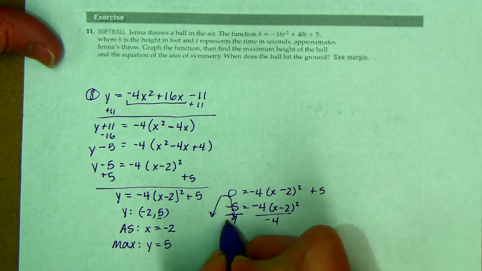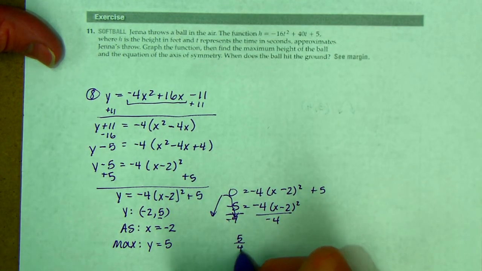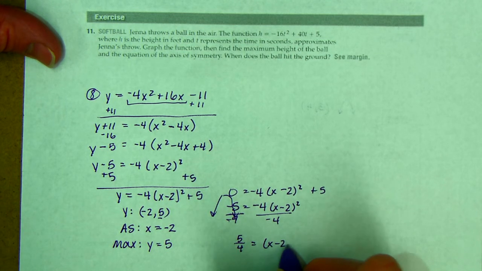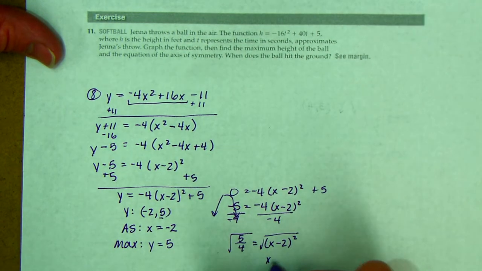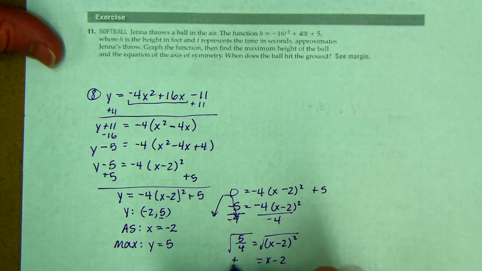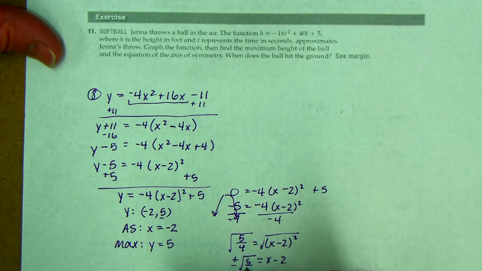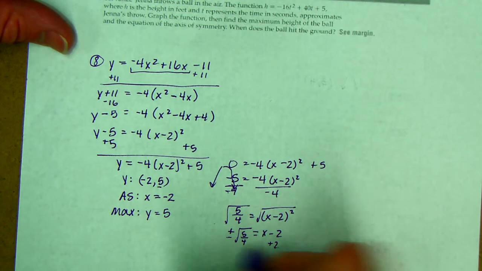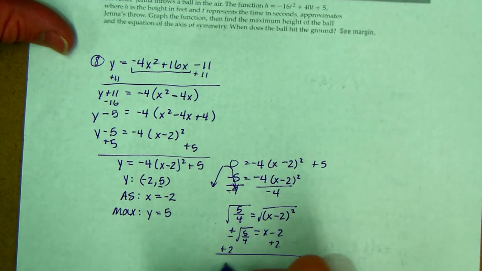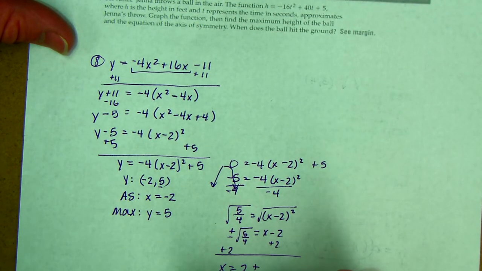I'm going to take the square root, positive and negative square root of 5 over 4. And then we're going to add 2. So x equals 2 plus or minus the square root of 5 over 4. And I'm going to let you get the approximated values for that.